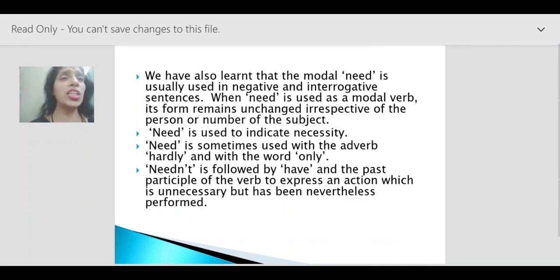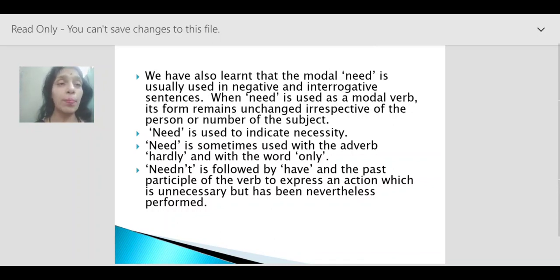We have also learned that the modal need is usually used in negative and interrogative sentences. When need is used as a modal verb, its form remains unchanged irrespective of the person or number of the subject. Need is used to indicate necessity.